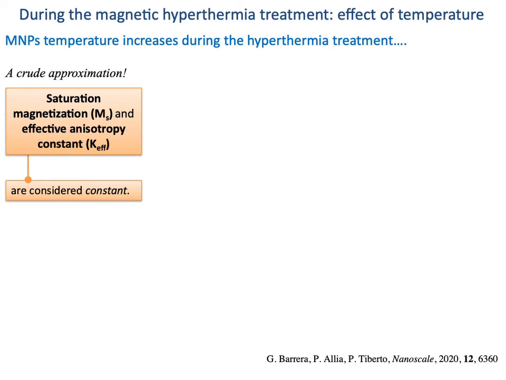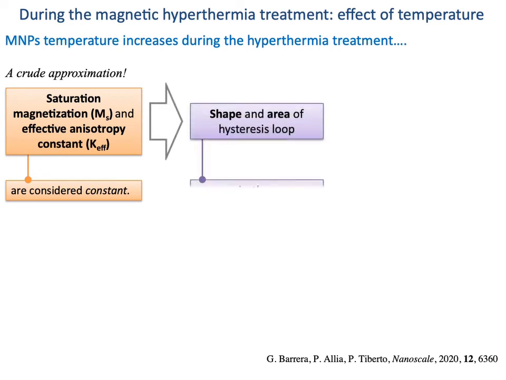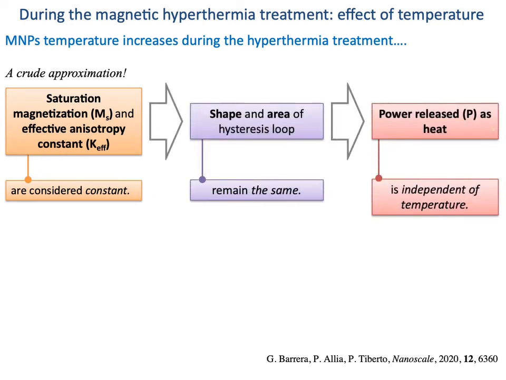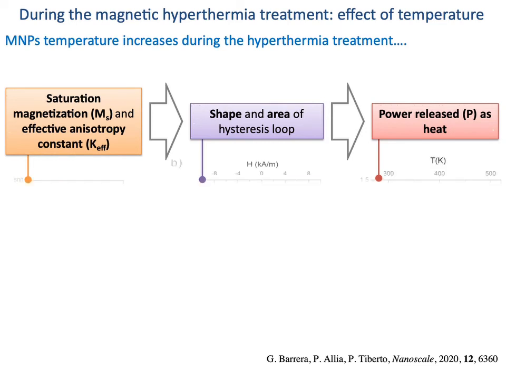During the magnetic hyperthermia treatment, obviously there is an effect of temperature on the magnetic properties, but saturation magnetization and effective anisotropy constant are here considered constant, though they change a lot. So this leads to the fact that the shape of the hysteresis loop and area remain the same as a function of temperature, and the power released as heat by the hysteresis loop is independent of temperature.